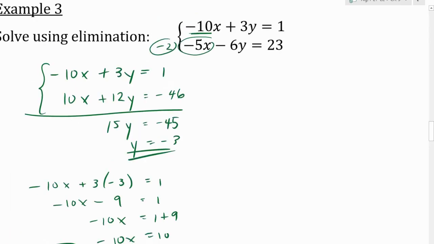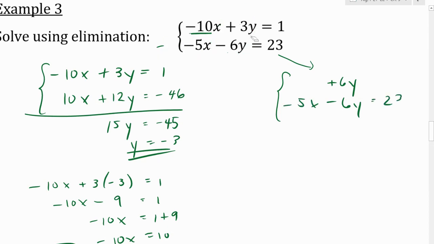Now, could I have done it another way? Sure. If I had wanted to get rid of the y's, look at the y values, okay? 3 and 6, they'll both go into 6. So what if I turn this one to positive 6y and this one to negative 6y? I didn't change the second one, but what I did to the top one, what I multiplied 3 by to make it 6? I multiplied by 2.